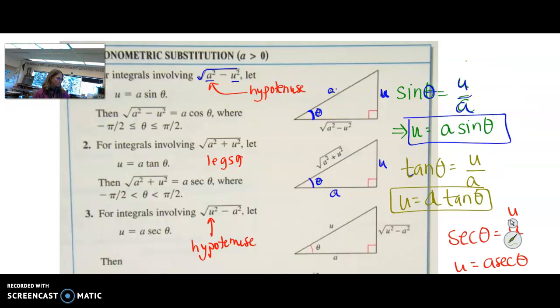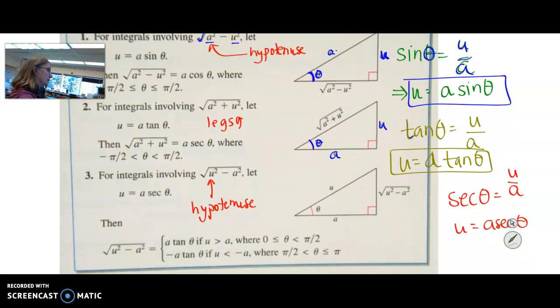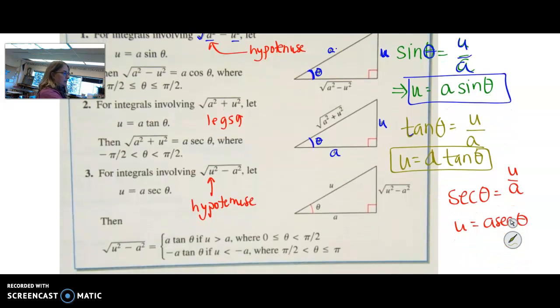Okay, then the third one here is for integrals involving u squared minus a squared, where u is now the hypotenuse and a is a leg. So if this is u and this is a, then the side opposite here would be the square root of u squared minus a squared. You can use the Pythagorean theorem to figure that out.